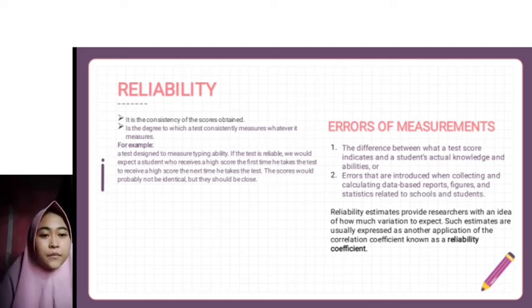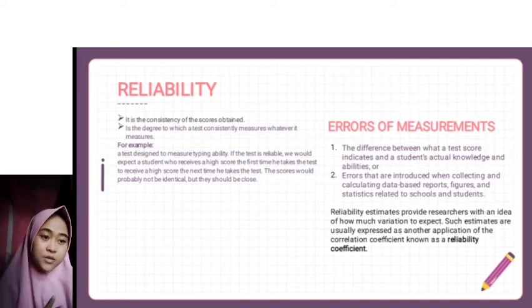For example, take a test designed to measure typing ability. If the test is reliable, we would expect a student who receives a high score the first time he takes the test to receive a high score the next time he takes the test. The scores would probably not be identical, but they should be close.